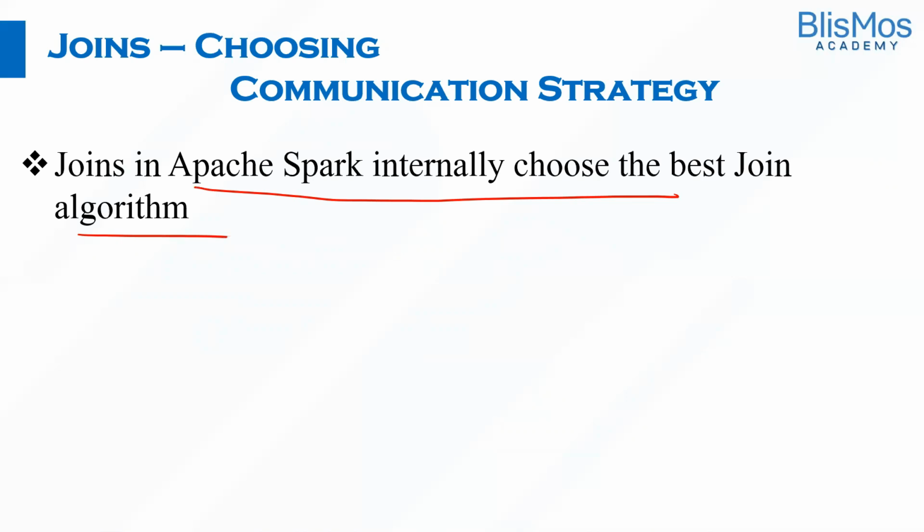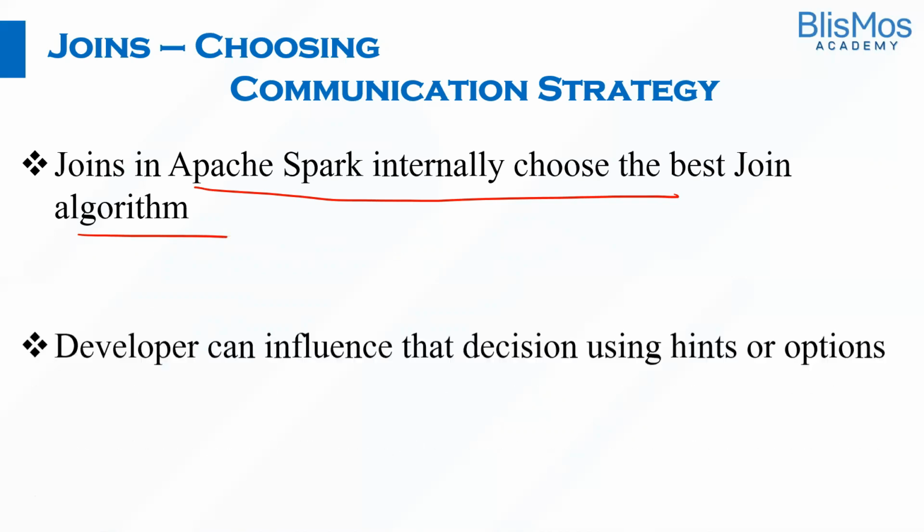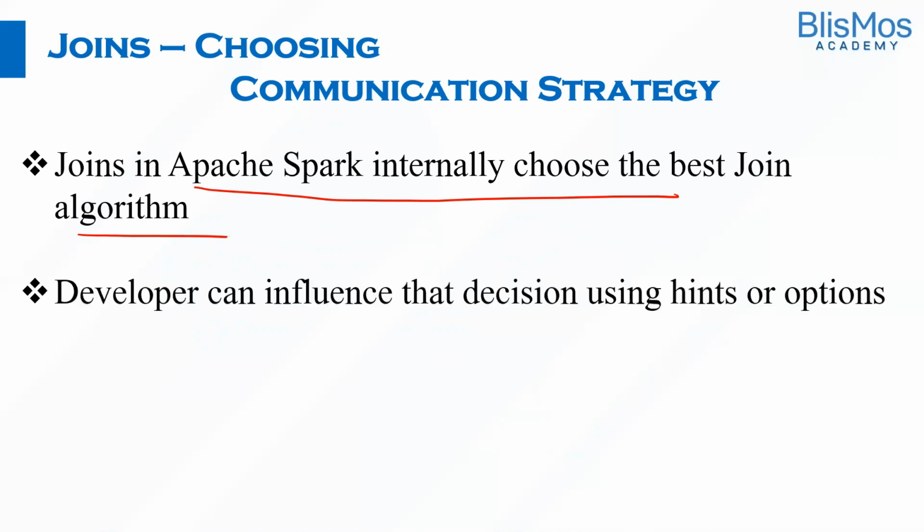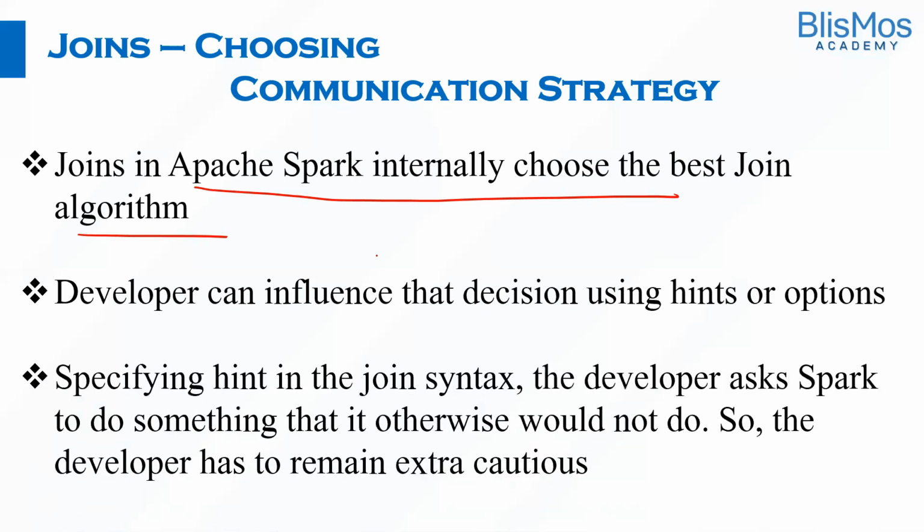Whenever you are performing the joins, when you don't specify or when you don't hint that you should be doing this particular join, Spark is internally choosing whether you should go for a shuffle sort join, what kind of a join it has to perform. But if you really want to control what kind of a join is happening, you can influence the decision by using the hints or options.